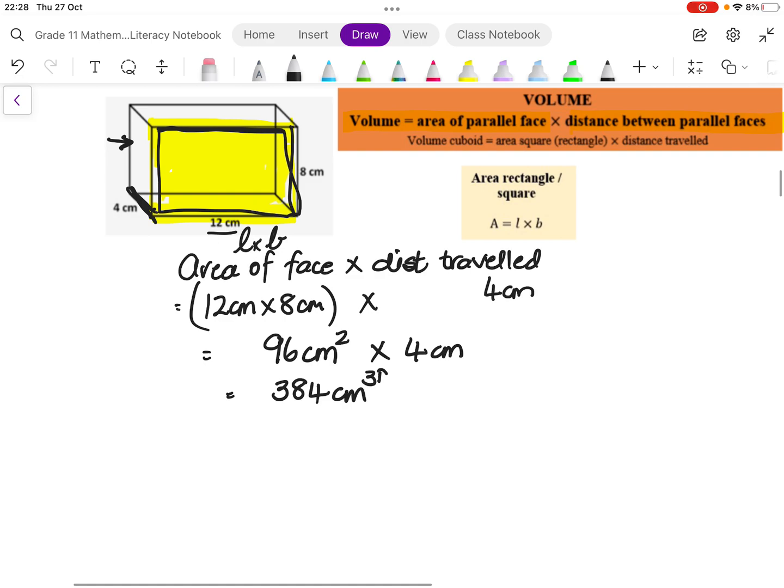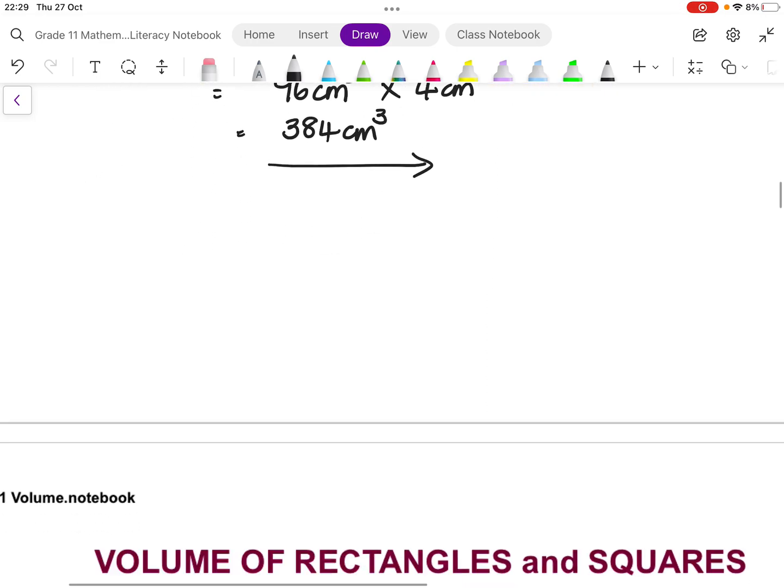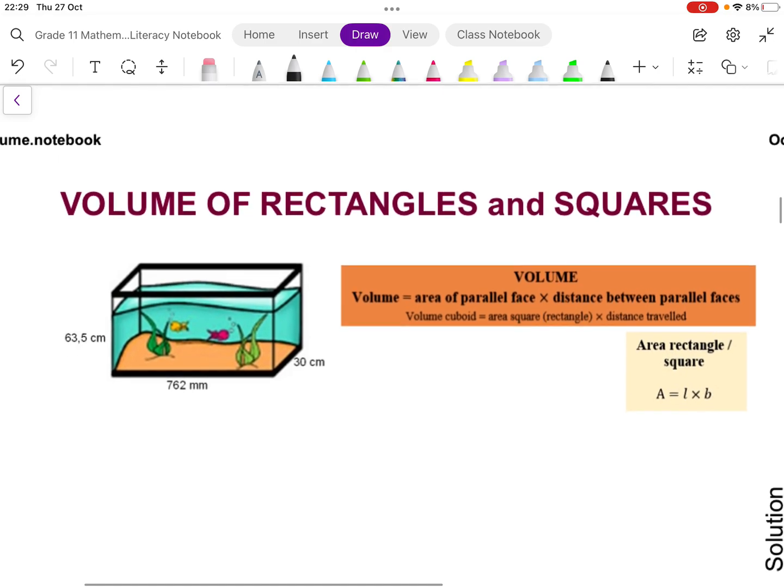And now it is a three-dimensional shape because I have got the whole shape there, three-dimensional. But remember, you don't put the D. So the volume of this cuboid is 384 centimeters cubed. This one you're going to be doing on your own.